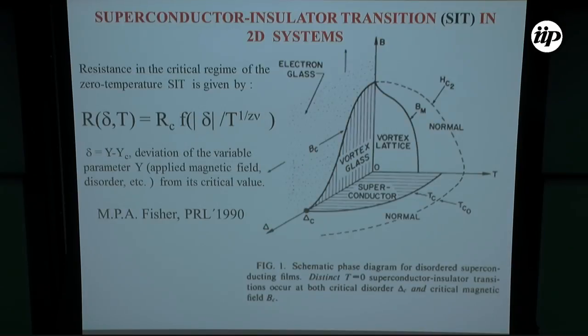You can see two quantum phase transitions, quantum because they are zero temperature transitions, as a function of disorder, which in this context is nothing but the disorder-driven unbinding of vortex-antivortex pairs, or of the externally applied magnetic field.